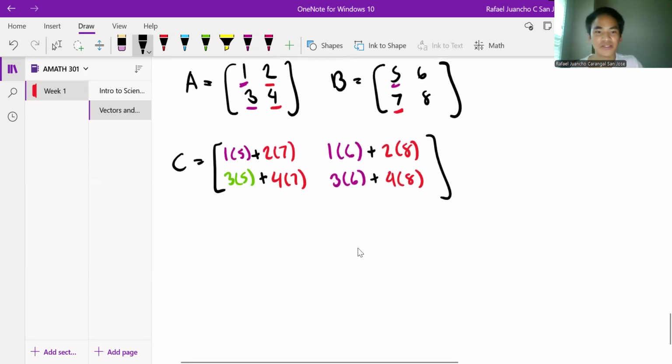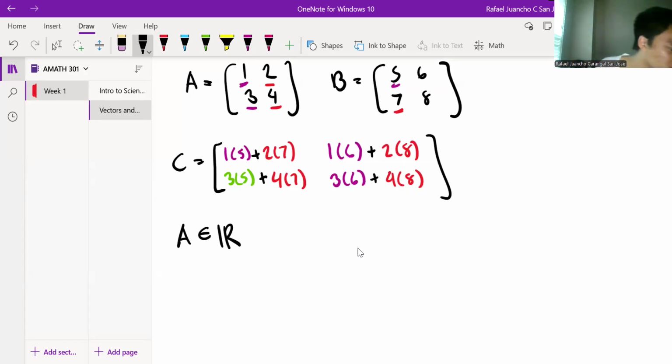Now let's make a general statement. I'm gonna do something different from the notes that was given. I'm gonna characterize this.